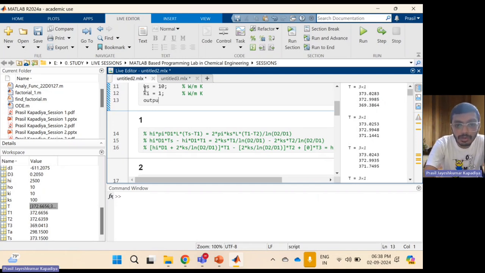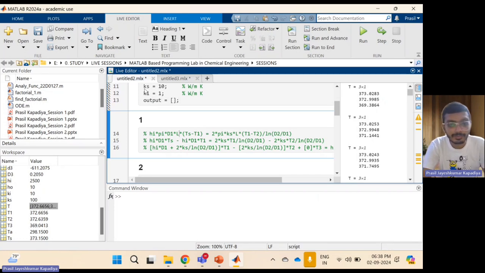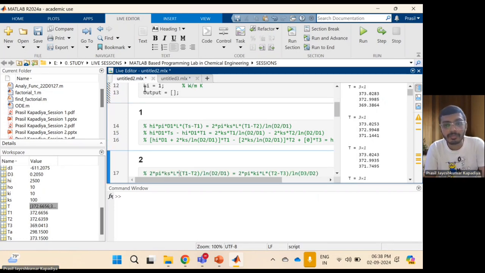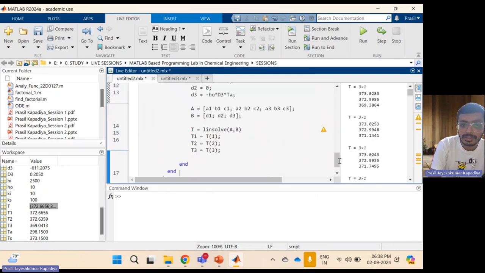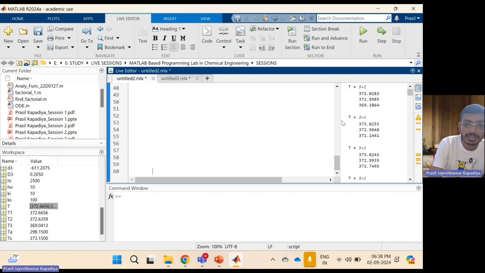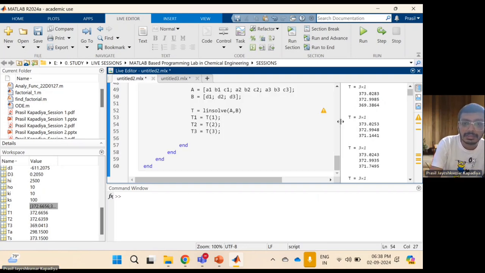So output is equal to my null matrix, correct? Just a minute. It is hanging because of this thing.